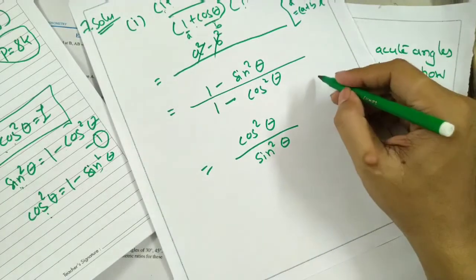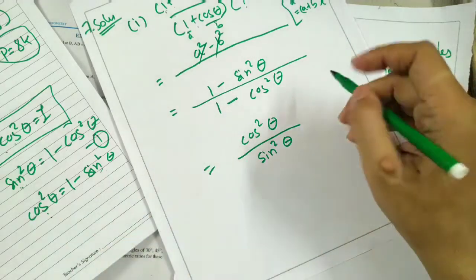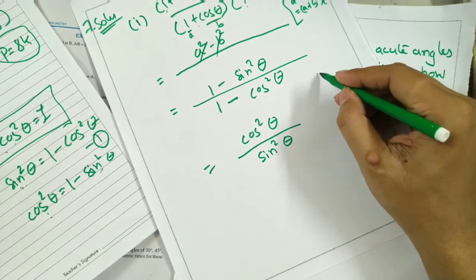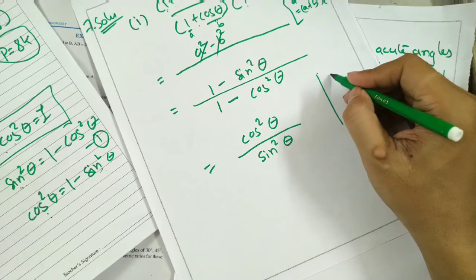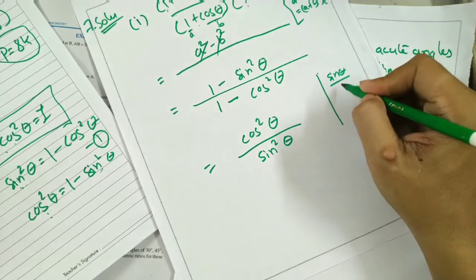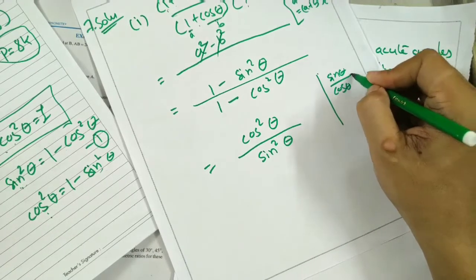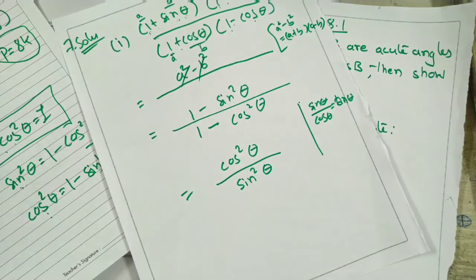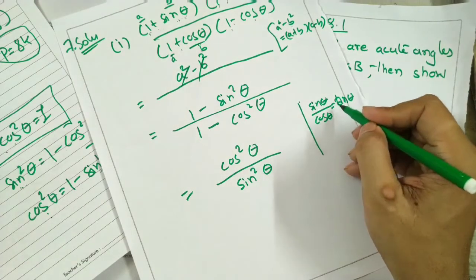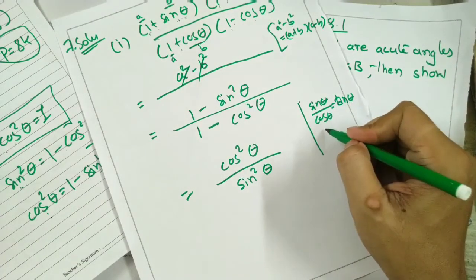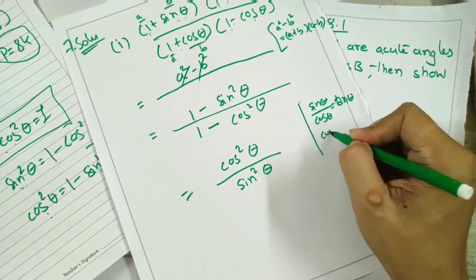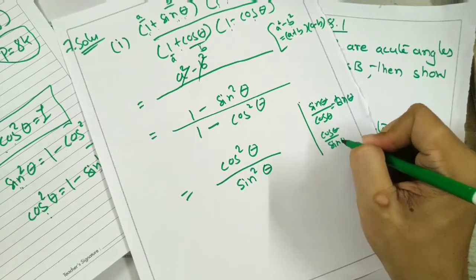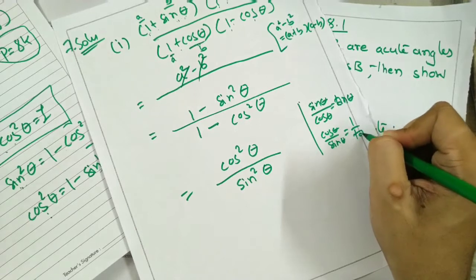Now see, there is another identity, or not identity actually, another ratio, that is sin theta divided by cos theta is always equal to tan theta. Now if sin theta by cos theta is equal to tan theta, if we take the reciprocal, then cos theta by sin theta will be equal to 1 by tan theta.